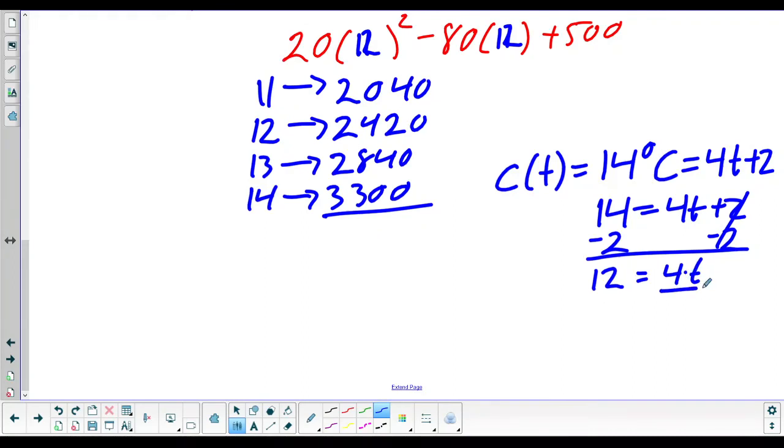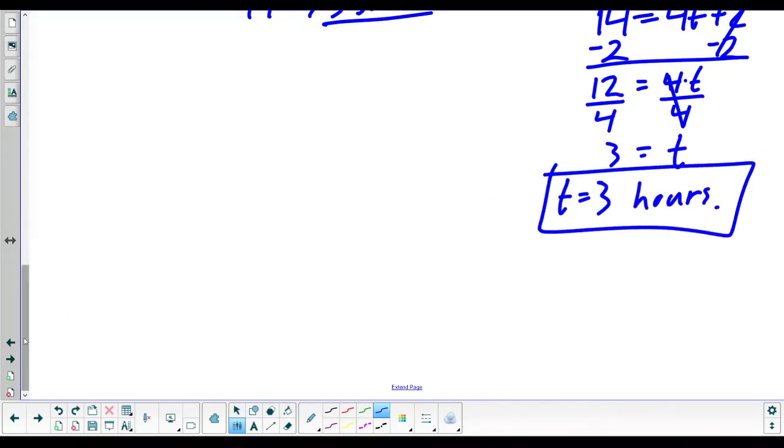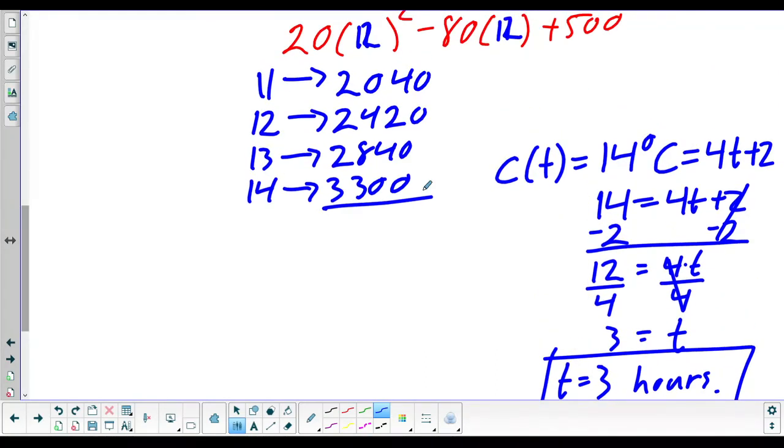So we're going to divide by 4. And if we do it to this side, we have to do it to this side. We're going to divide by 4 again. So these cancel. We get T on this side, and then 12 divided by 4 is 3. So when T equals 3 hours, that's when our bacteria is at 3,300 bacteria.